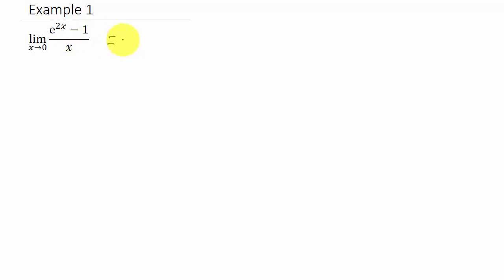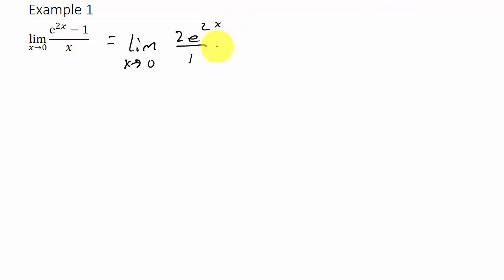So we can use L'Hopital's rule that says that is equal to the limit as x approaches 0, and we can take the derivative of the numerator. So the derivative of the numerator is e to the 2x, and then remember, times the derivative of the exponent, so times 2, over the derivative of the denominator, which is 1.